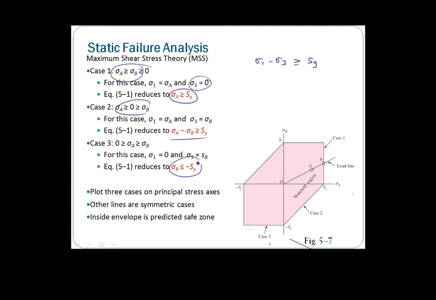If you plot sigma B versus sigma A using these 3 cases, that gives us the graph, as you see here. Whatever is inside this envelope is predicted safe. So when sigma A and sigma B are within this particular region, then that is safe.